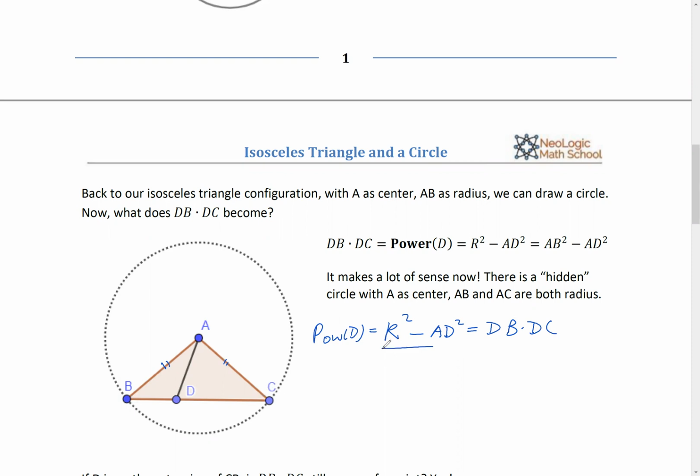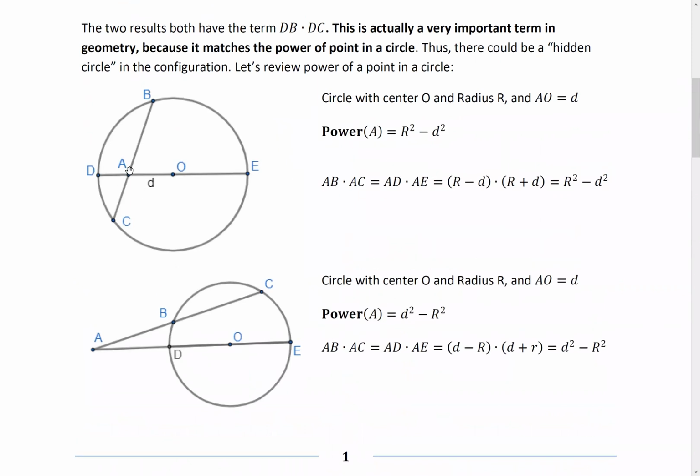Now, just in case this confuses you a little bit, I'll show you why. Power of a point, when the point is inside the circle: in the textbook, it usually goes like, if you draw any chord passing through point A, then you will have a constant value of AB times AC.